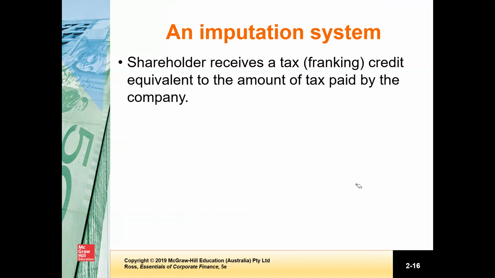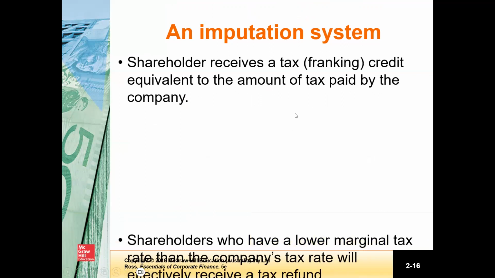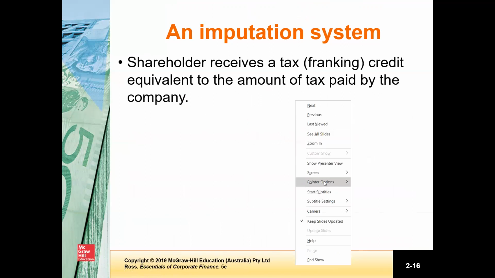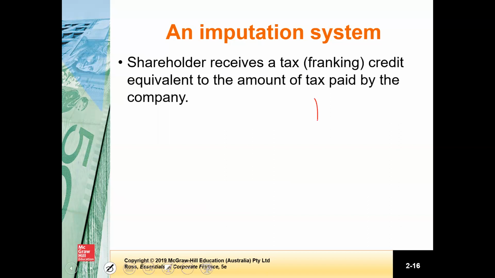Just to give you an idea once again, using the example that I gave, let's say that a company has a before-tax profit of $1,000 and it pays a tax of $300, and the after-tax profit is $700.